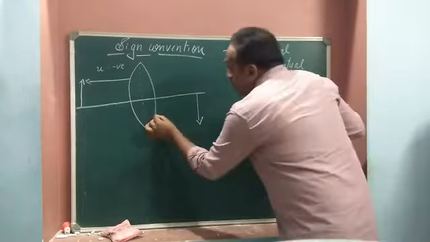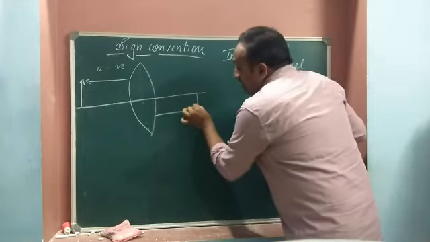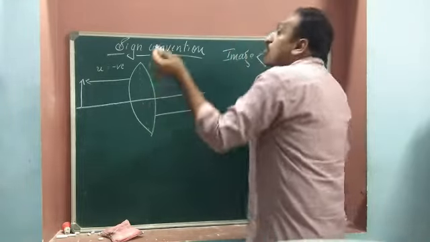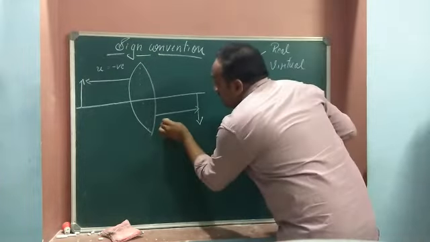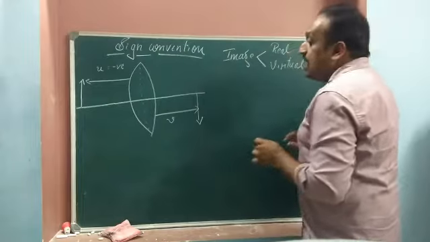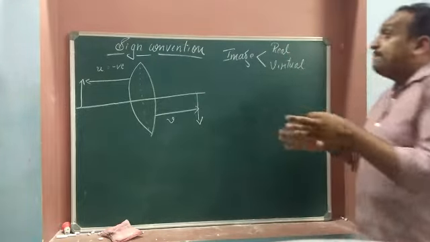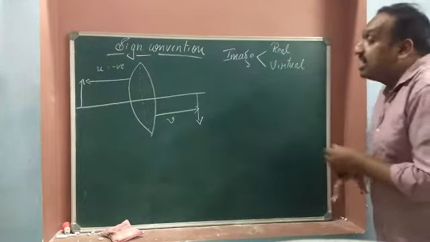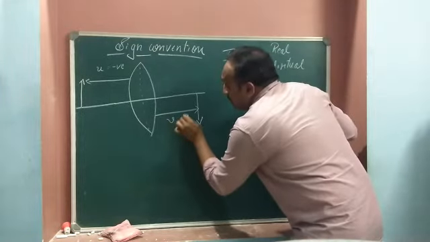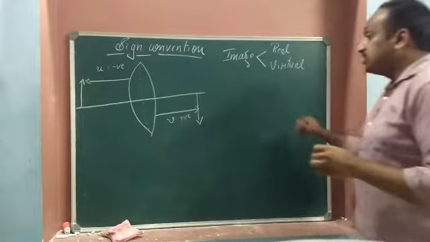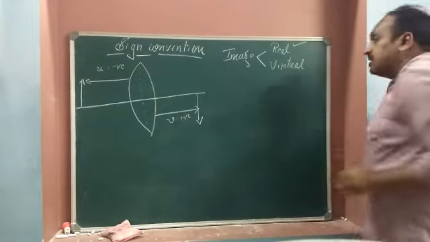So we are going to find the distance of the image from the lens, that is symbolized with V, and the distance of things which come next to the lens will always be positive. This is for real images.